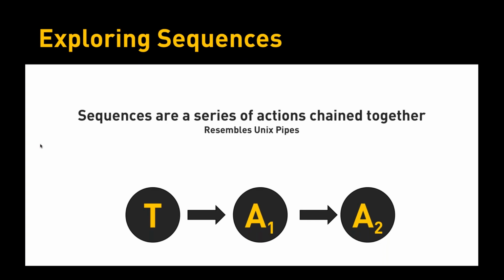Perfect. So let me now take you back to the slide deck and introduce the next concept, which is called sequences. Sequences are basically chaining multiple actions, and this very closely resembles Unix pipes. For example, in Unix, or for that matter in Linux or any *nix environment, if you want to find the number of lines, you can type a command, pipe it to wc -l, and that's going to show us the line count of the specific command.